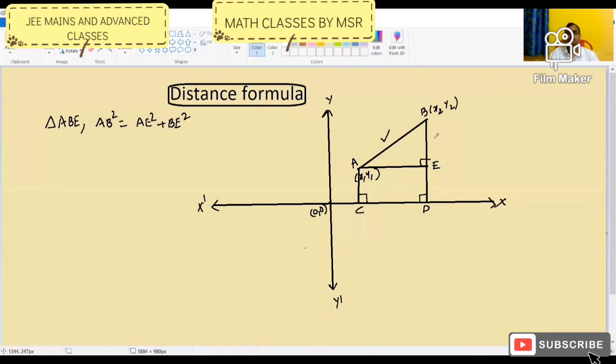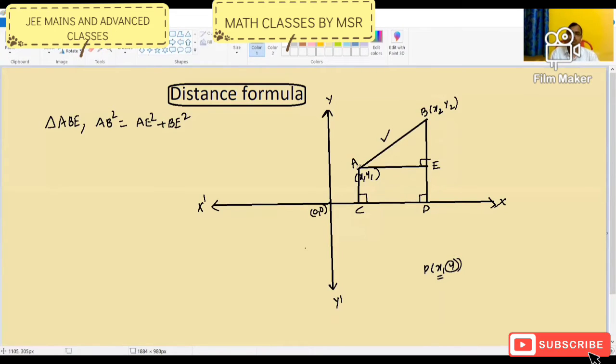We know that in a coordinate plane, if you take any point P (x, y), what does x indicate? x is the abscissa, that is, the distance of any point from the y-axis is called abscissa. The distance of any point from the x-axis is called the ordinate.